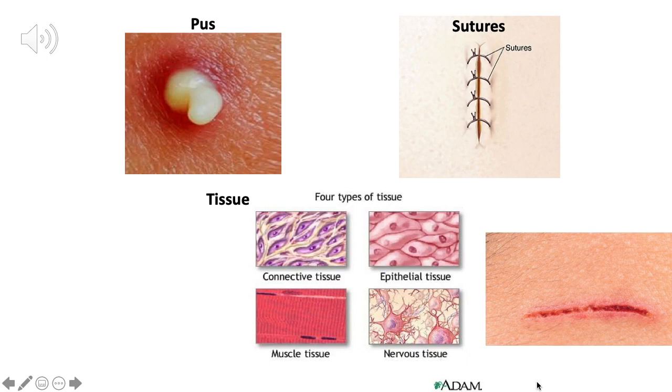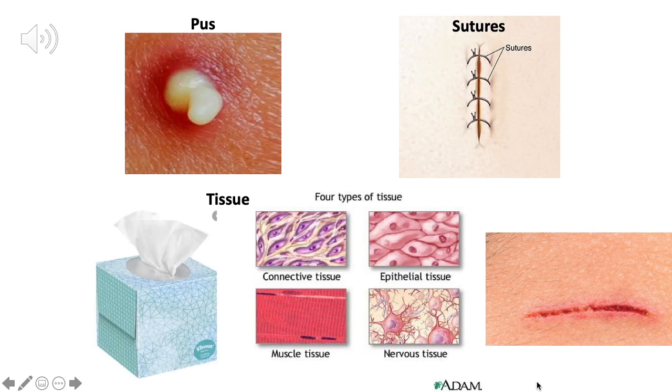So the tissue are those cells that make up the skin. We also have a different picture. I just popped it up here, which is this Kleenex, the tissue paper, is also called tissue. And so we need to make sure that we know there are two different words that have the same, it's the same word, but they have different meanings, okay?